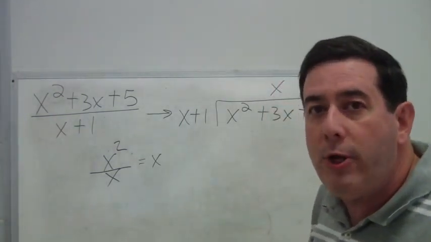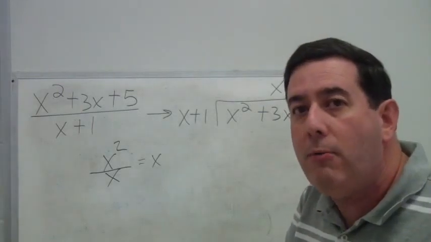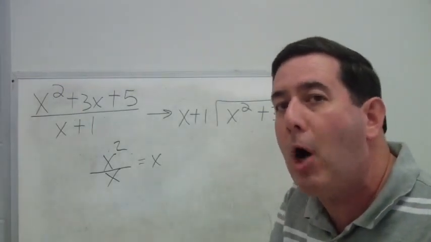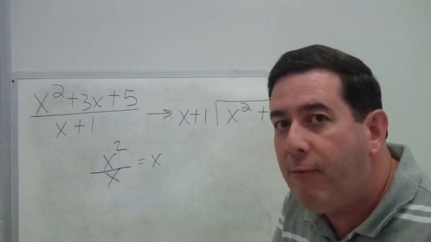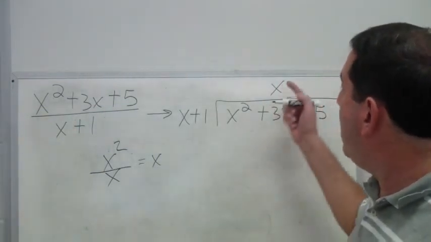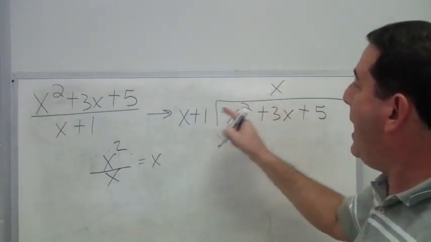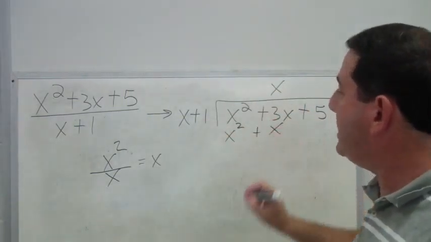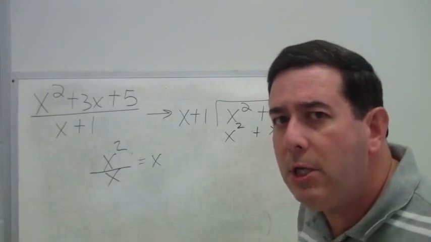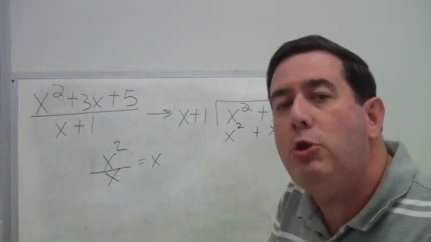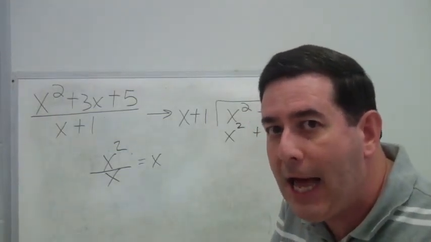Now, just like with arithmetic, anything that goes on the top is now going to multiply with what is in front, our divisor. So x times x makes x squared, and x times 1 makes x. Just like we did with arithmetic, we now need to subtract that bottom line.